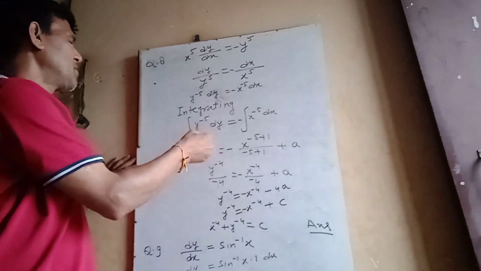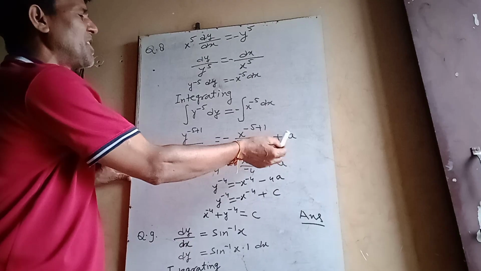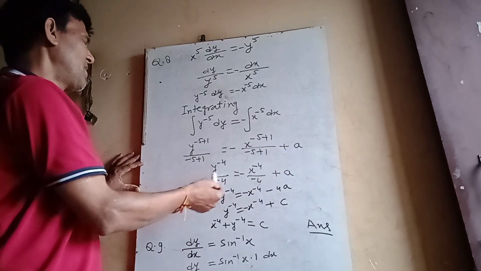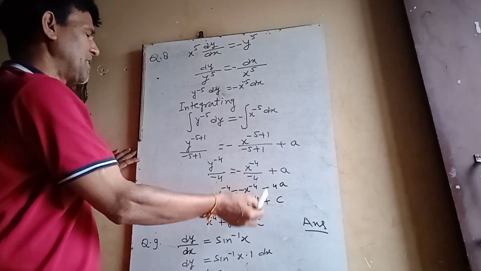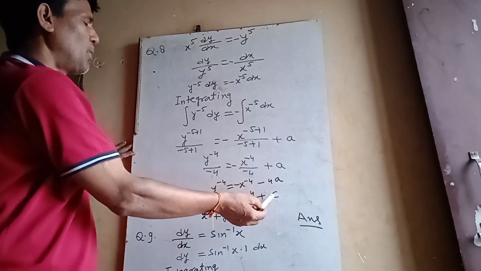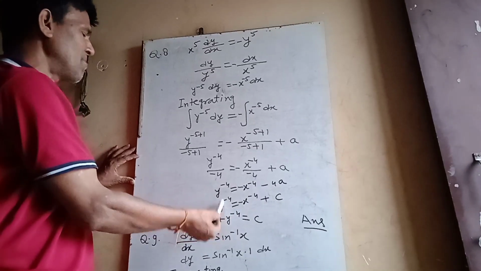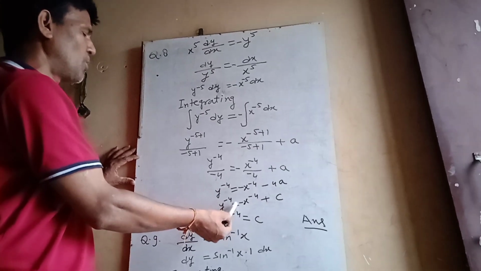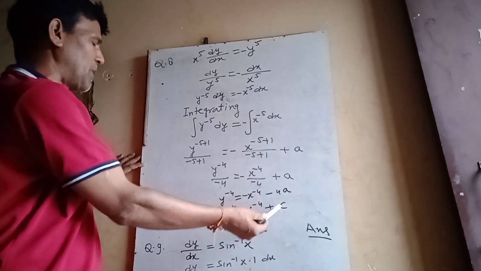Here, applying this type of formula we get the result, and a is a constant of integration. Now we can write this, and this becomes minus 4a. Take minus 4a as another constant c. You will have y to the power minus 4 equals minus x to the power minus 4 plus c.